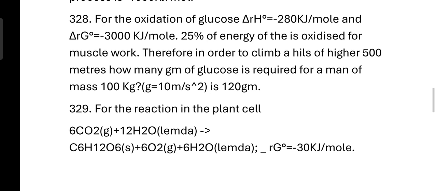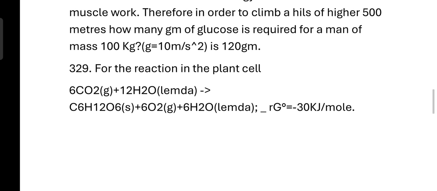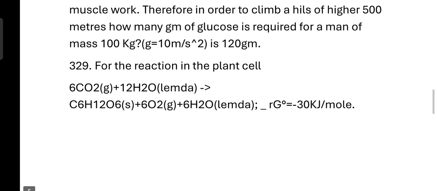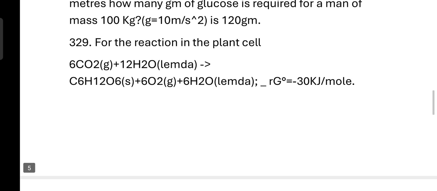Therefore, in order to climb a hill of height 500 meters, how many grams of glucose is required for a man of mass 100 kg? Answer: 120 gm.